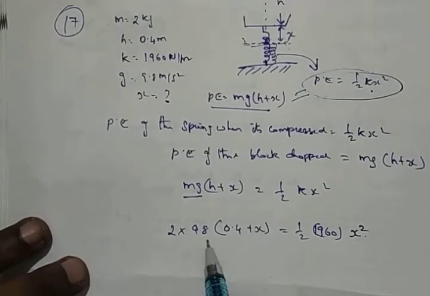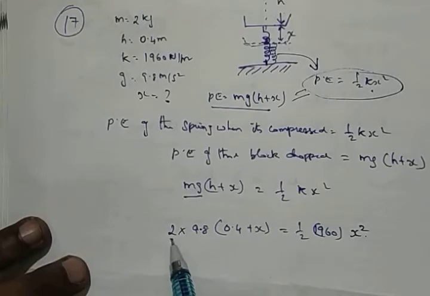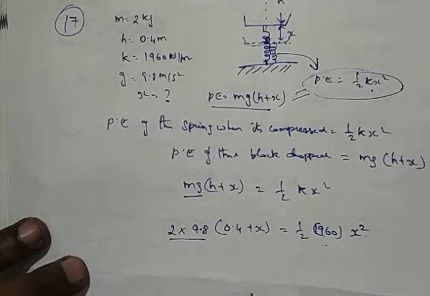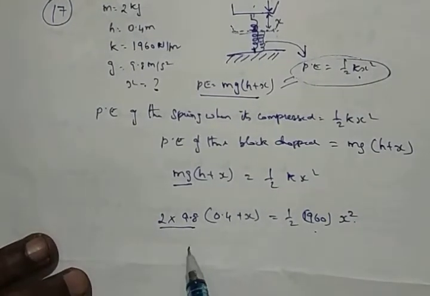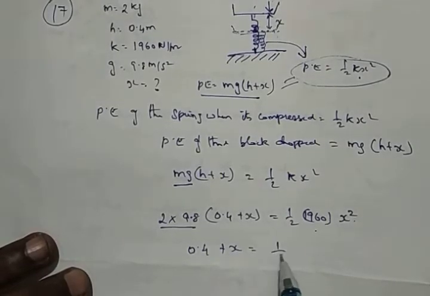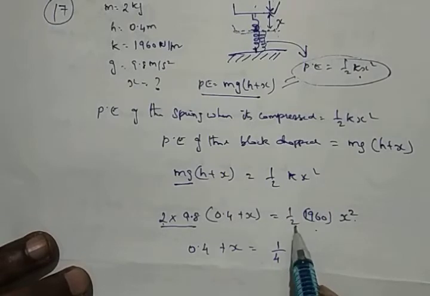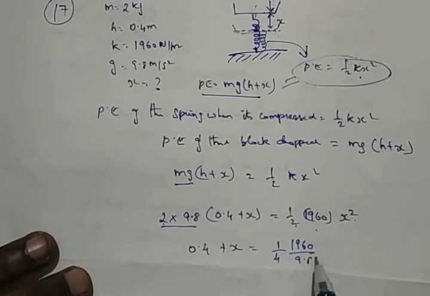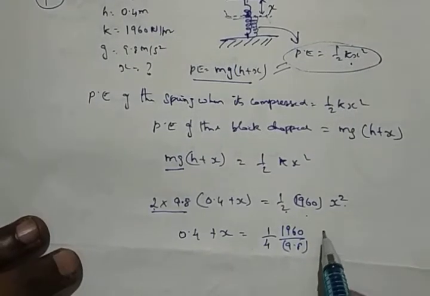Okay, now these two things you bring it down. Let's see how it works. Okay, 0.4 plus x equal to 1 by 4. This 2 has come down, so it has become 1 by 4, 1960 upon 9.8 into x square.